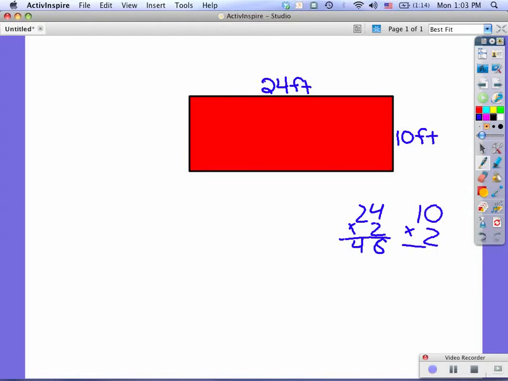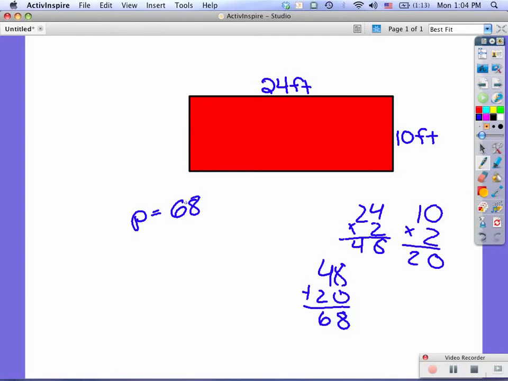And then you add those up. Okay, so the perimeter would be P equals 68, but would I be finished?